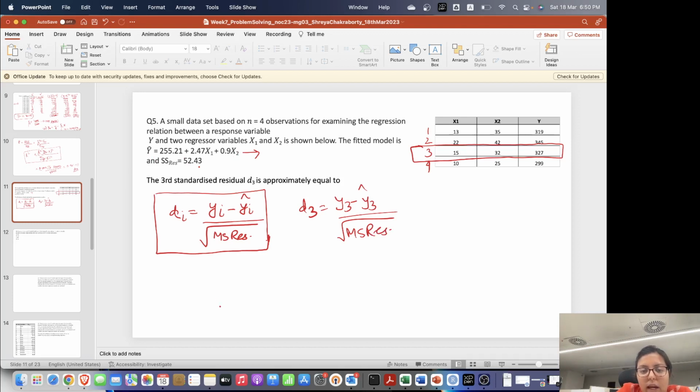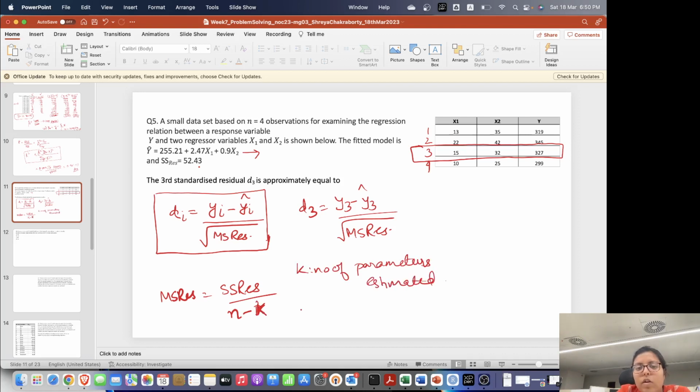Okay, so ms residuals will be sum of squares due to residuals divided by n minus p or k, where k is the number of parameters estimated. So here what is the value of k?